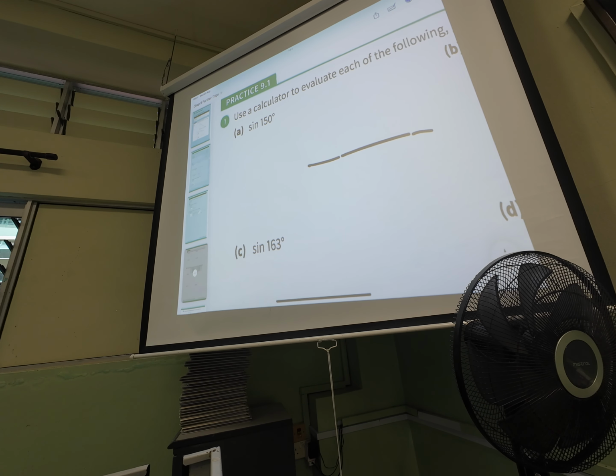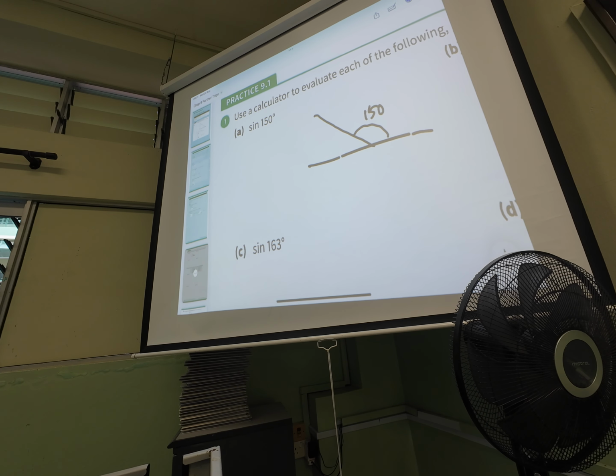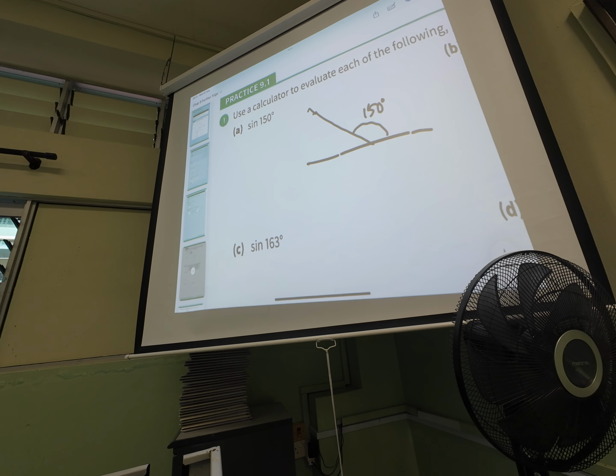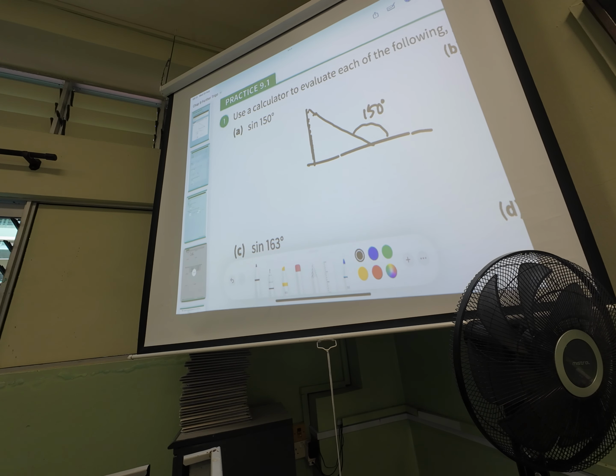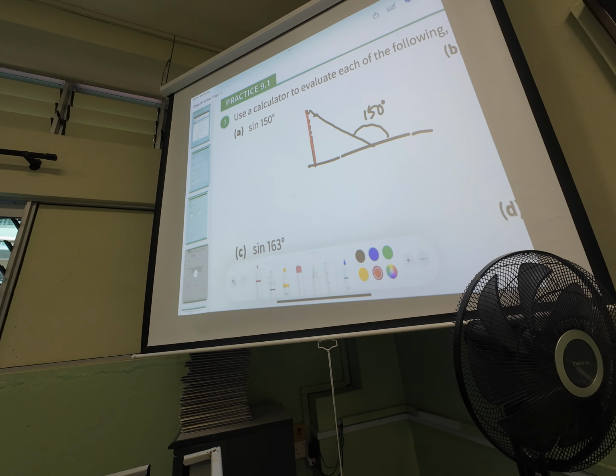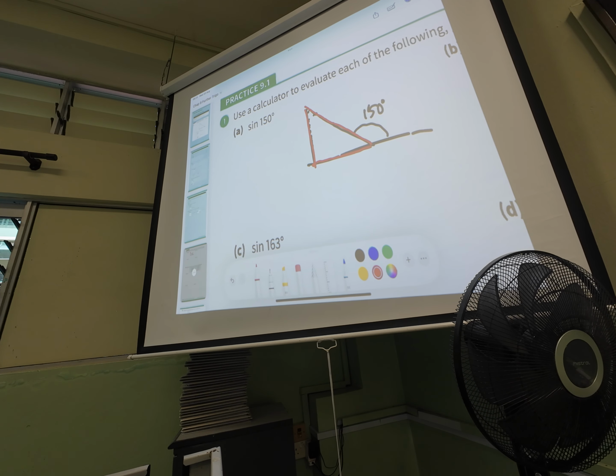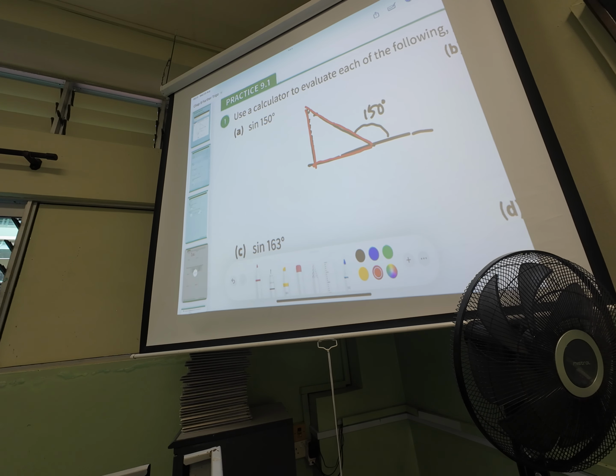So what this is referring to is this right angle triangle, the one in red. Your 150 is referring to this right angle triangle.